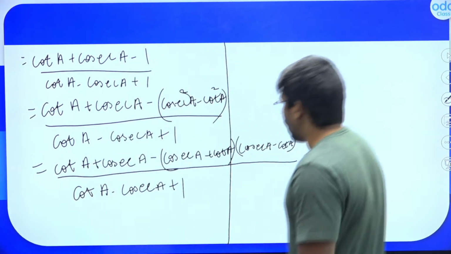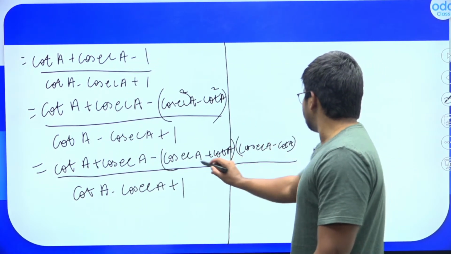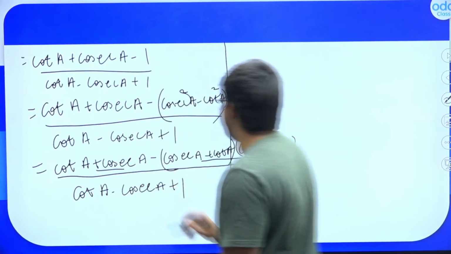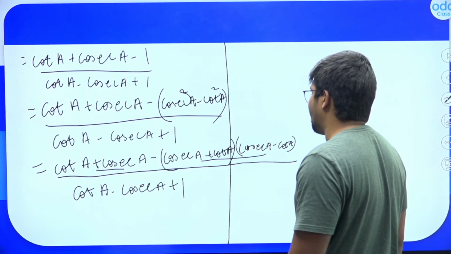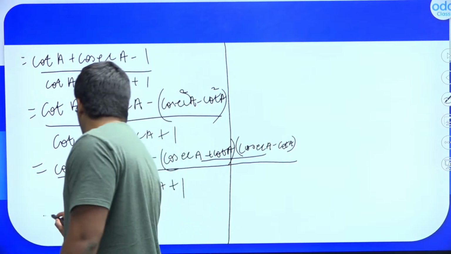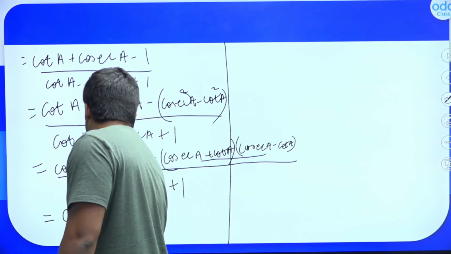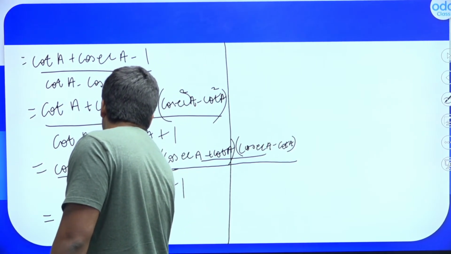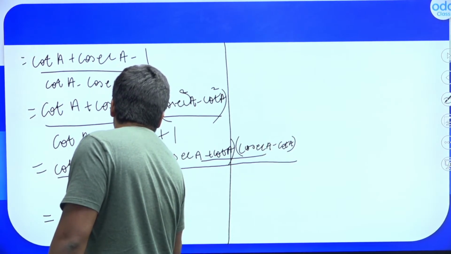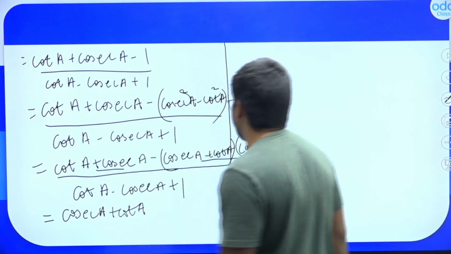Now, in this term and this term, can I write cosec A plus cot A common? You can easily take cosec A plus cot A common. So when you take cosec A plus cot A common, what will be left?